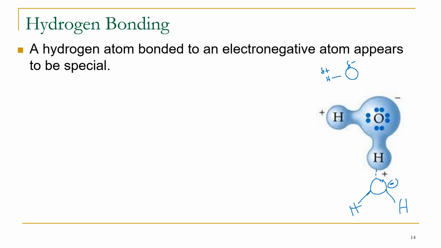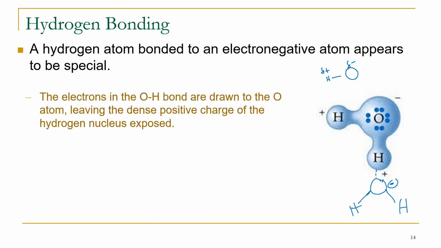So it is a dipole-dipole interaction, but it's specifically to an OH, NH, or FH. If you don't have the H and if you don't have the N, O, or F, then it's just considered a dipole-dipole interaction. So hydrogen bonding is just these.